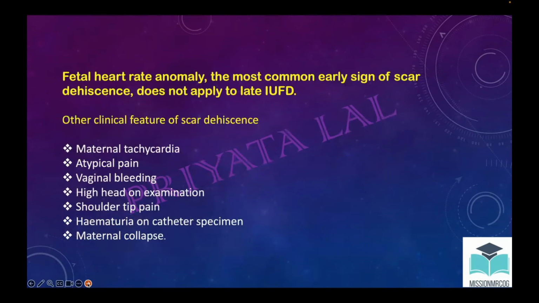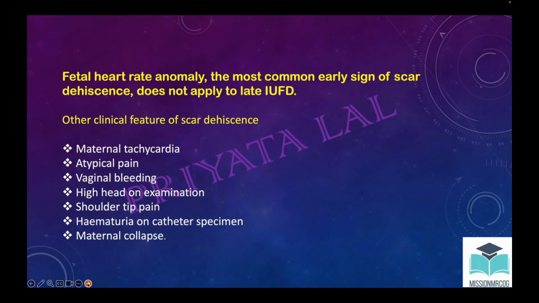Now usually in VBAC patients, we do fetal heart monitoring, and with the fetal heart monitoring we are able to find out whether scar dehiscence is there or not. But in IUFD, fetal heart monitoring cannot be done. So what other clinical features of scar dehiscence should they be aware of?